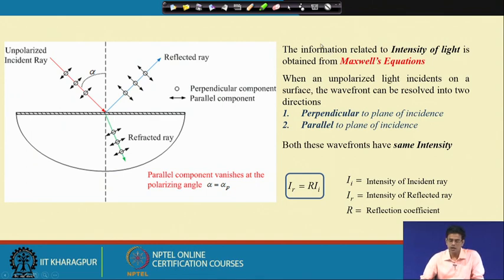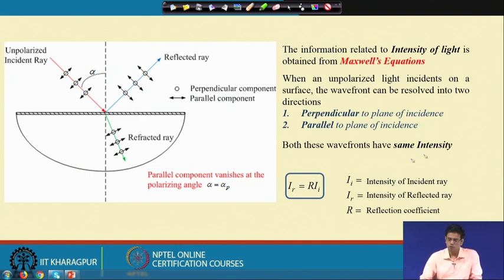When an unpolarized light is incident on a surface, the waveform can be resolved into two directions. This is the unpolarized incident ray, and then one of them goes out. There is a parallel component and also a perpendicular component, perpendicular to this plane, and then in this refracted ray, in the polarized part, the parallel component actually vanishes.